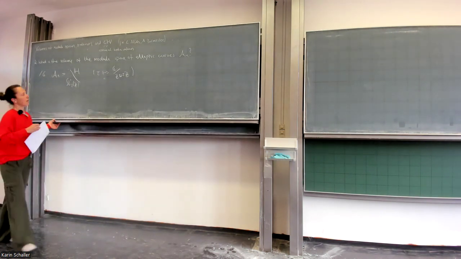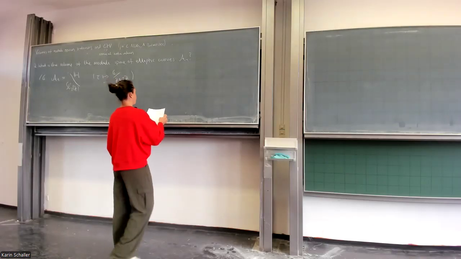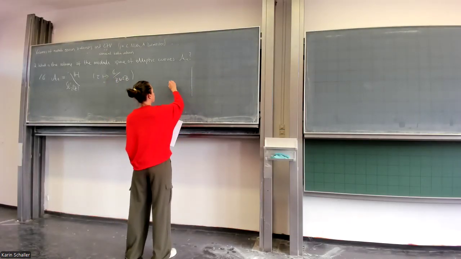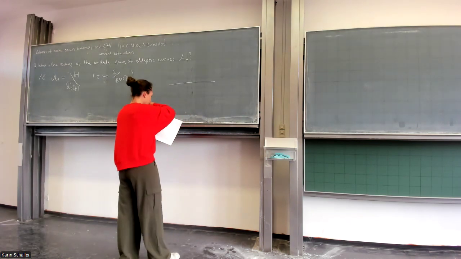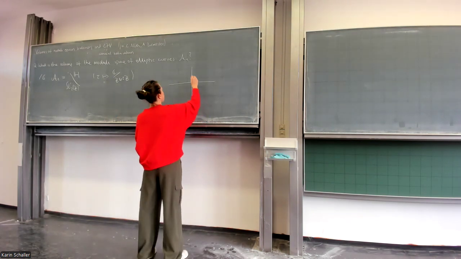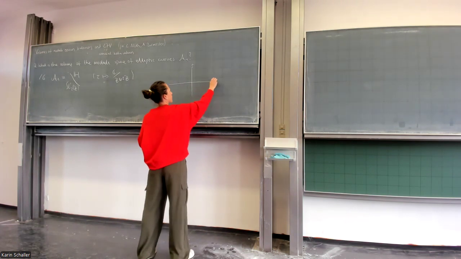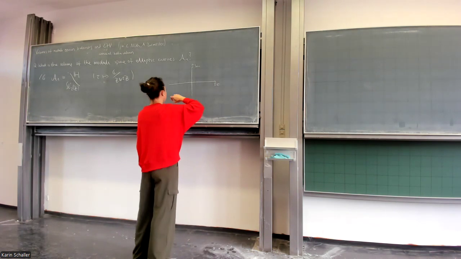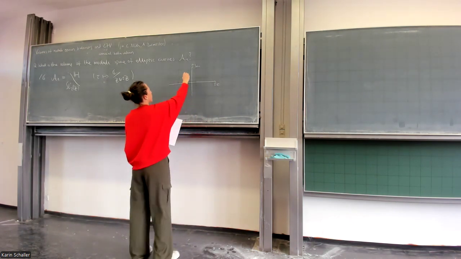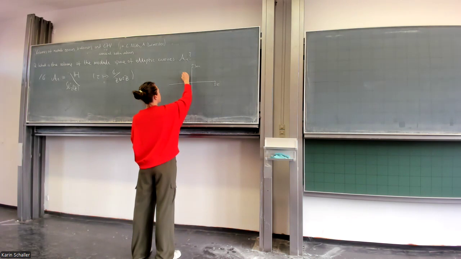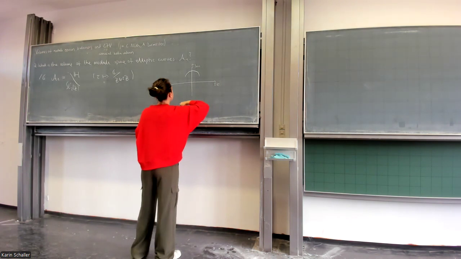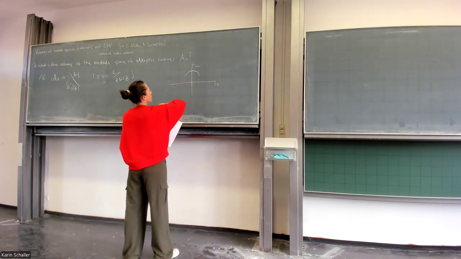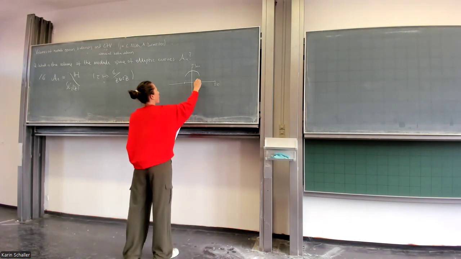So let's do that. A fundamental domain for this action, maybe you have seen the picture before. Here I have my complex upper half plane. I take my real axis here, imaginary axis here. It's given by complex numbers whose absolute value is bigger or equal to 1, and whose real part stands between minus 1 half and 1 half.